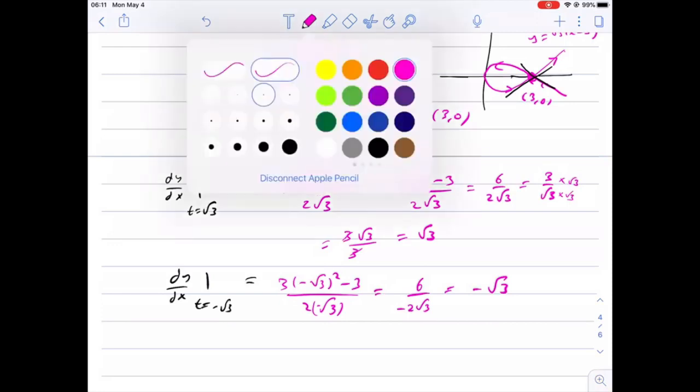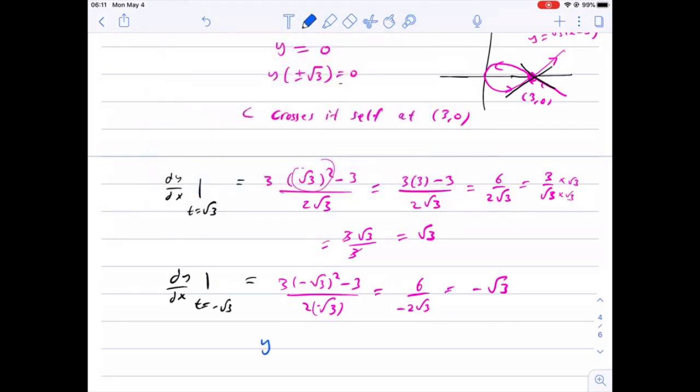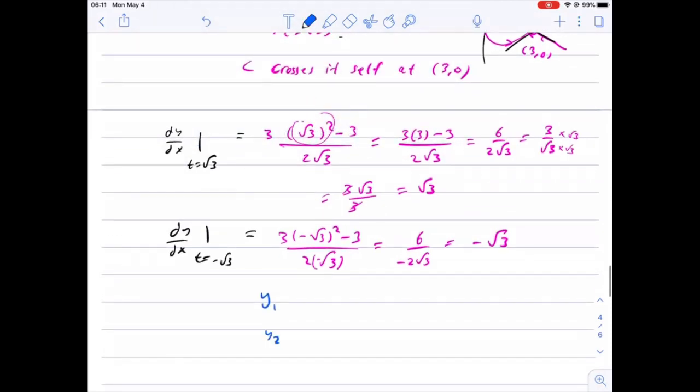So the equations of these lines are y1 and y2. y1 has slope square root 3, so it's square root 3 times x plus some b1, and for the second one, the slope is negative square root 3, so it's negative square root 3 times x plus some b2.